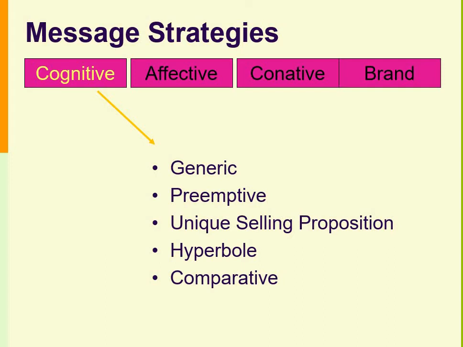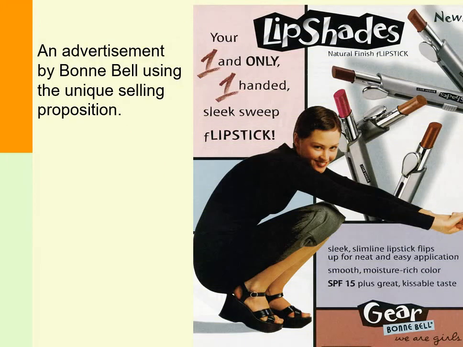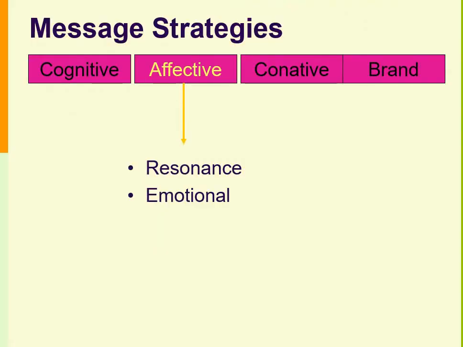That is why it is termed affective message strategies. Let's have a deeper look at the sub message strategies in affective message strategies. They can be of two types: one is termed resonance and the other is termed emotional.